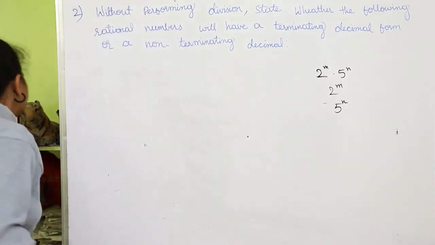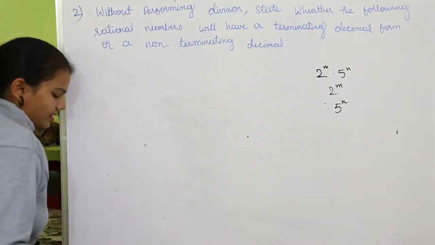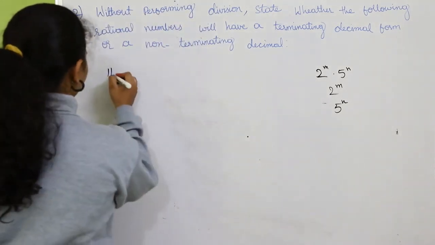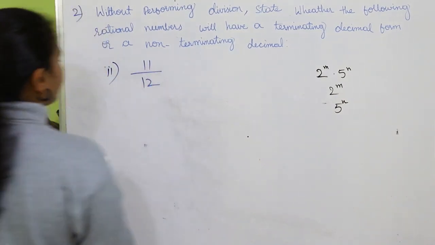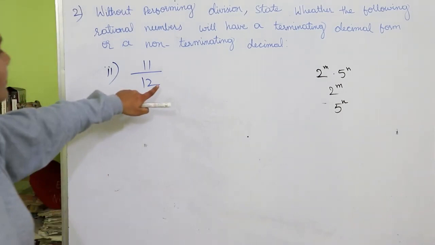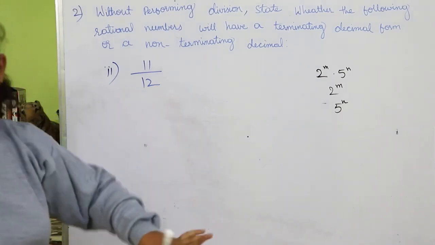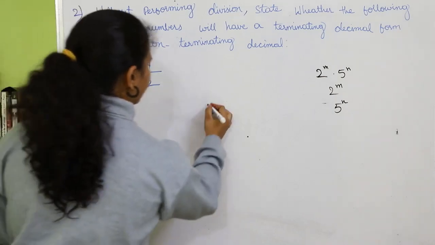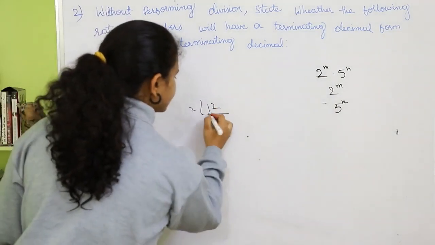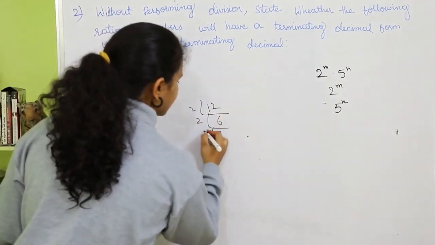Clear? Second one is what? 11 by 12. So guys, here 12 is the denominator. Now just go for 12. If I take LCM for 12, then what would become? 2s are 6 times, 2 3 times, 3 1 time.